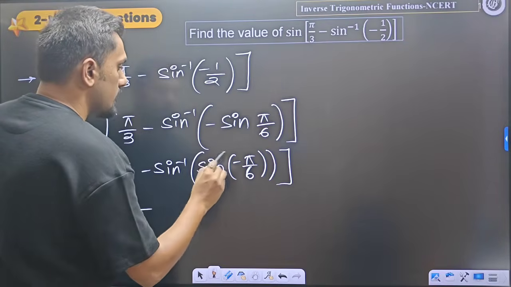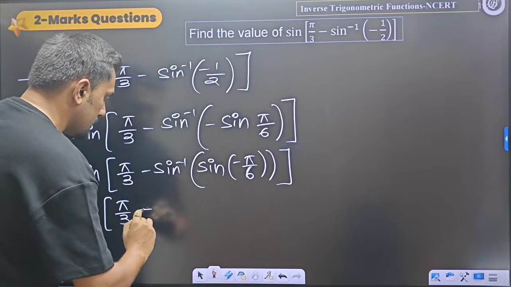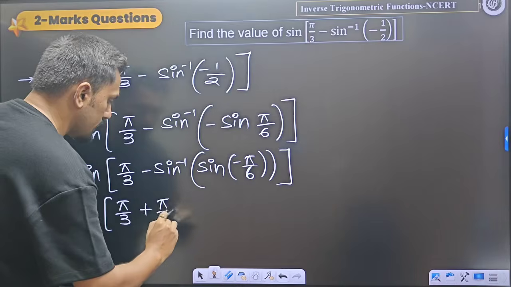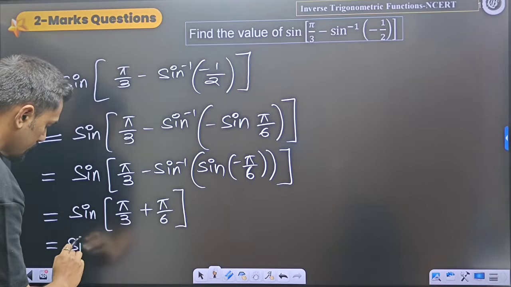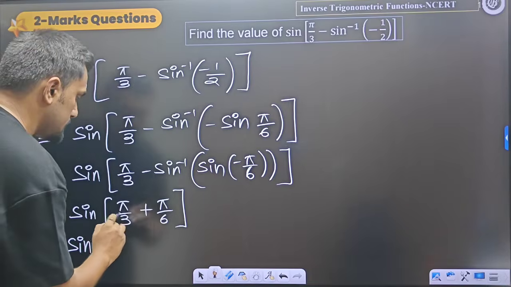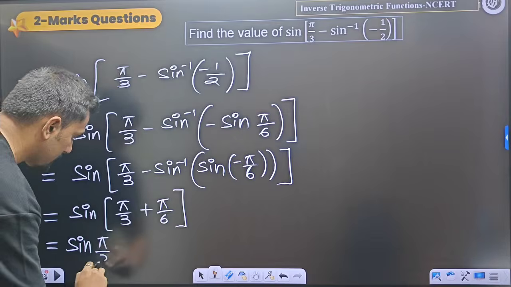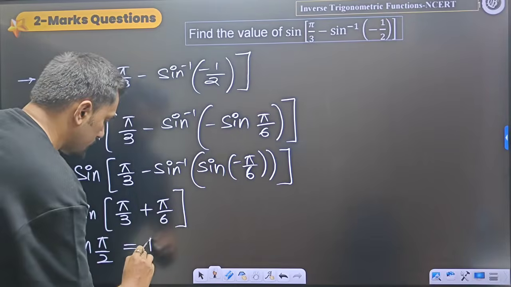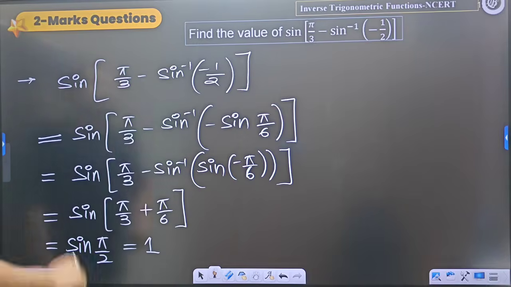Sine inverse of sine of theta is equal to theta. Then this becomes minus into minus, plus pi by 6. What is 60 plus 30? 90 degrees. Sine pi by 2, which is nothing but 1. 1 is the value of this particular question.